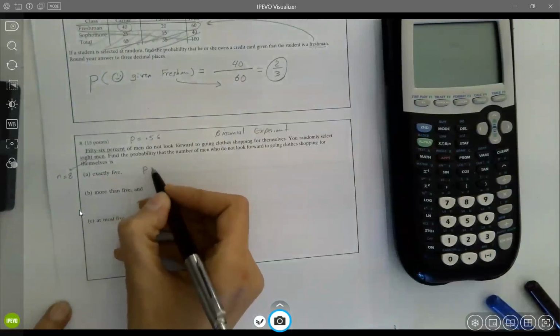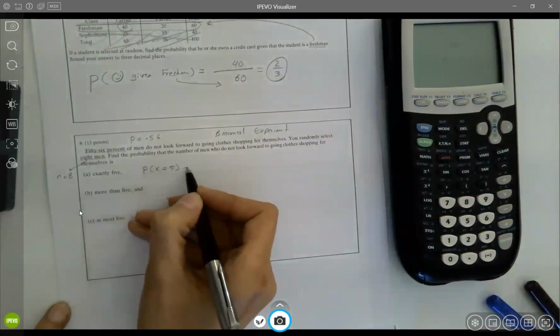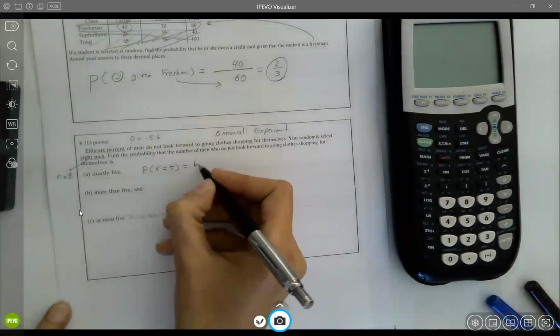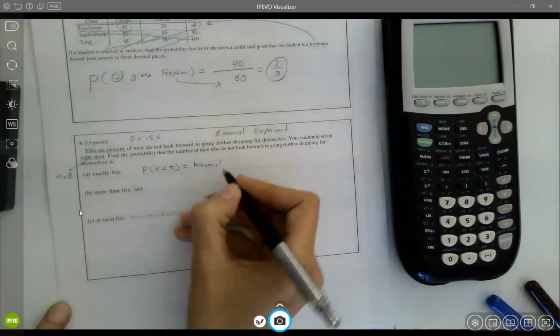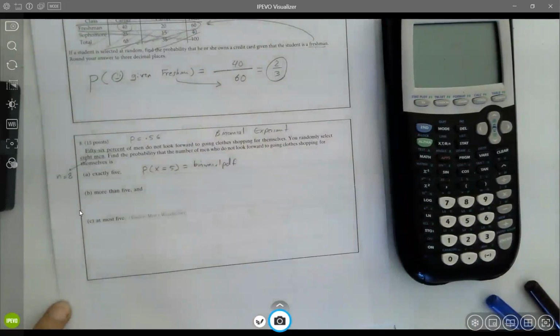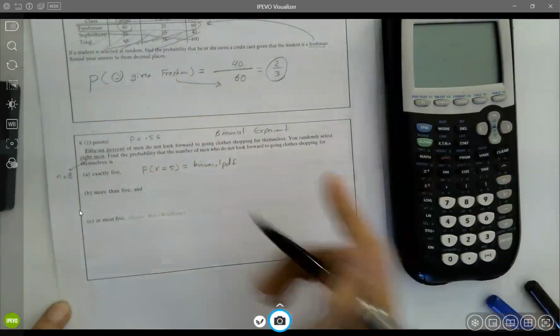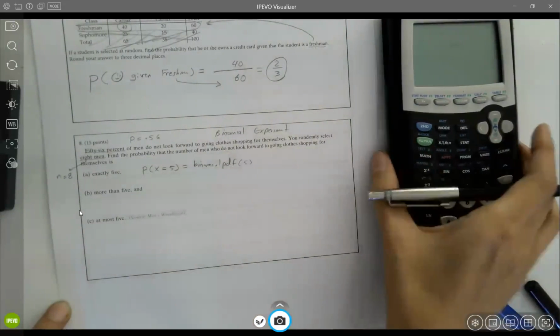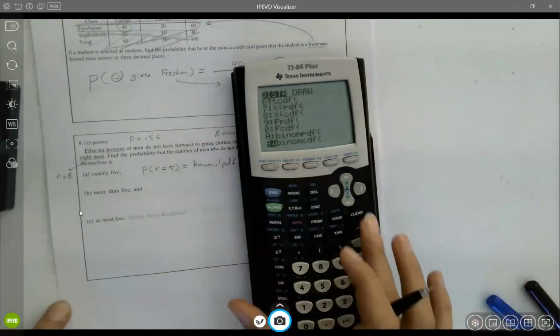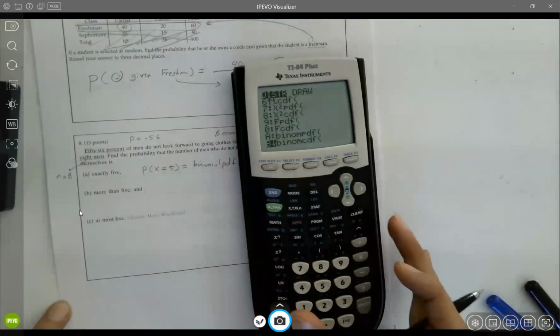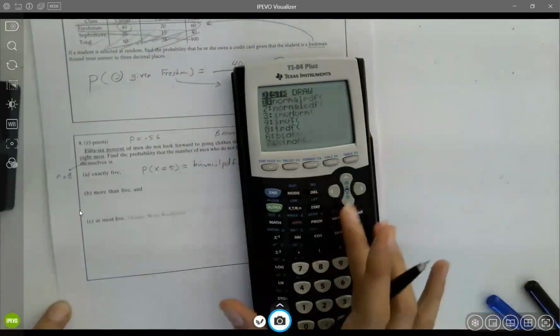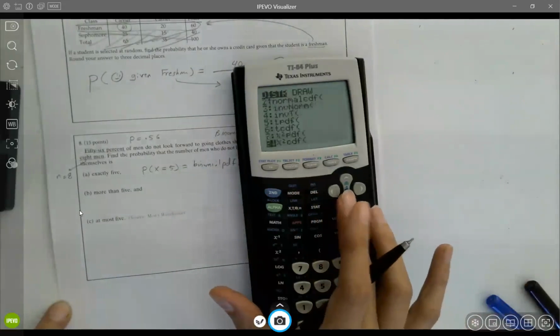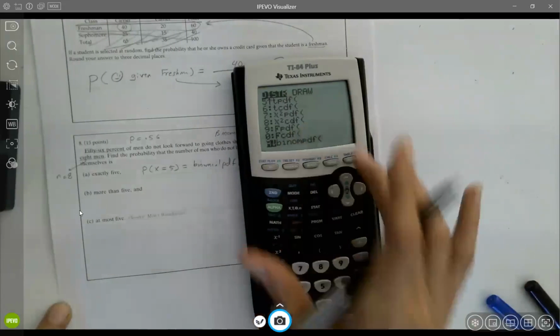And you're looking for the probability that x is equal to 5. It means that you have binomial PDF, not CDF. So let us look at the calculator. Turn on the calculator, go to second vars, and we're looking for binomial PDF.